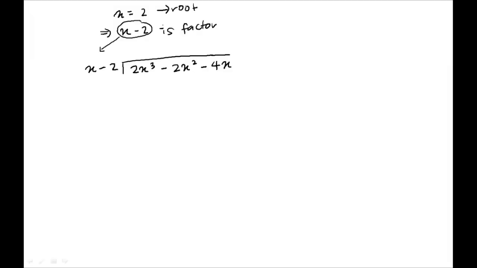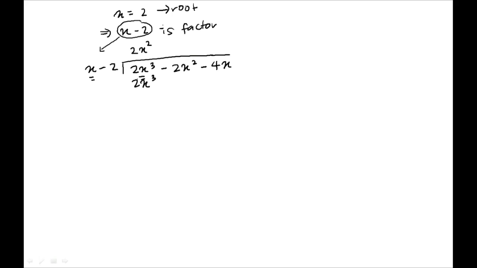To proceed, we consider x and 2x cubed. x times what to get 2x cubed? x times 2x squared.